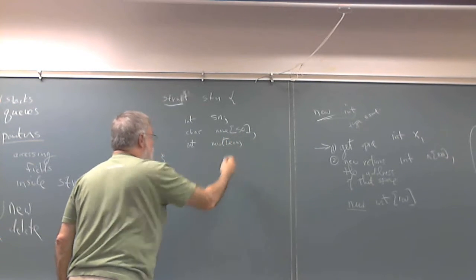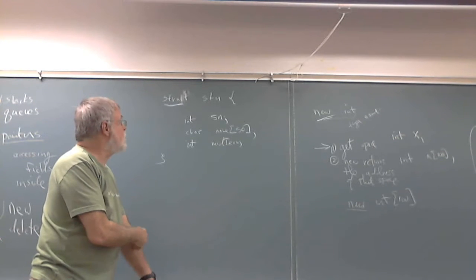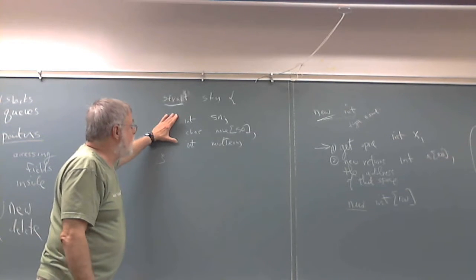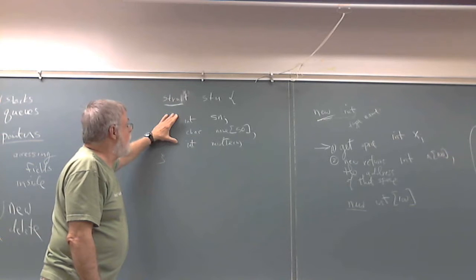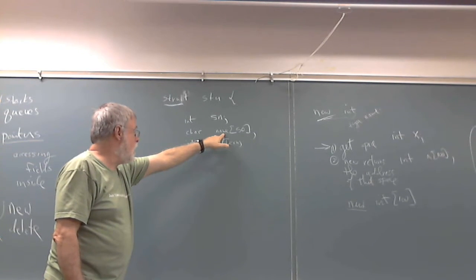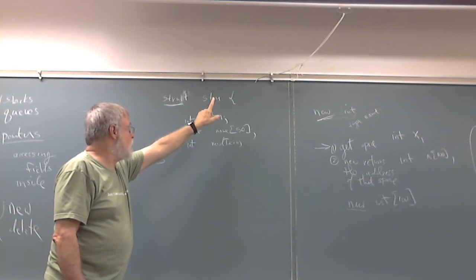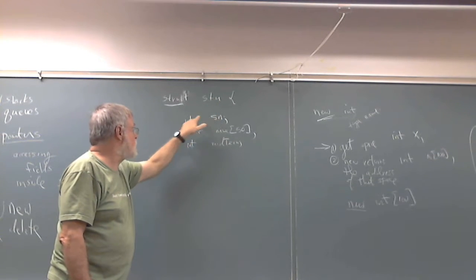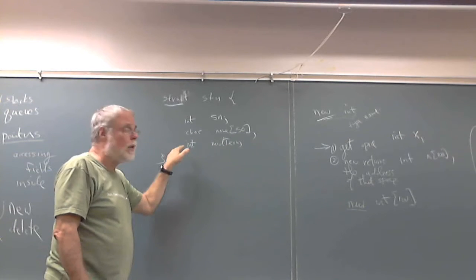So what I've got here then, inside of this structure, is a place for a student name called name. I've got a place for the student number, which is of type int, and a place for a midterm grade.